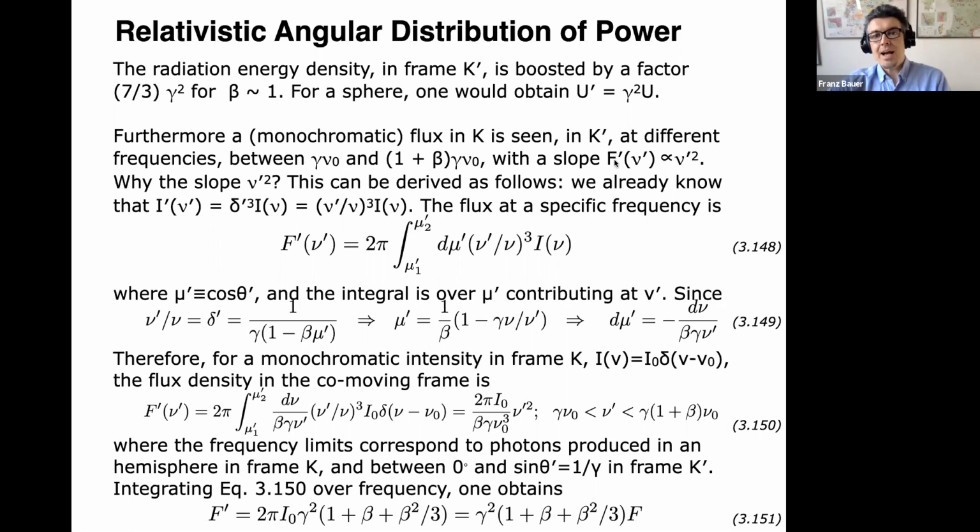It turns out that this flux will have a frequency dependence that goes as nu prime squared, which is not necessarily intuitive, but comes from the fact that you have this transformation here, and this is equal to this transformation. If you want to integrate over some small solid angle, then you want to do this integral here.